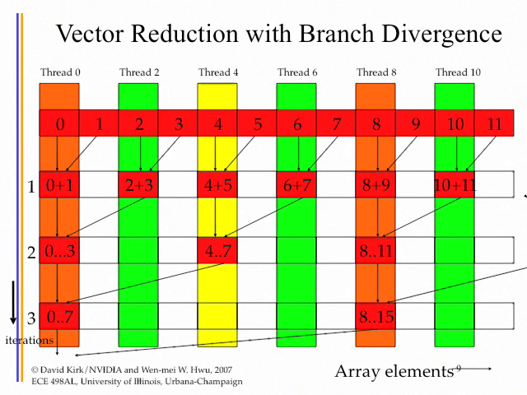And then if you look at the next thread, thread 2, it's an interesting case here because in the first test, it will be a multiple of stride. So that's why you're going to execute that 2 plus 3.